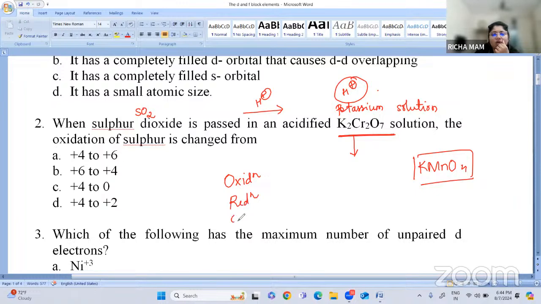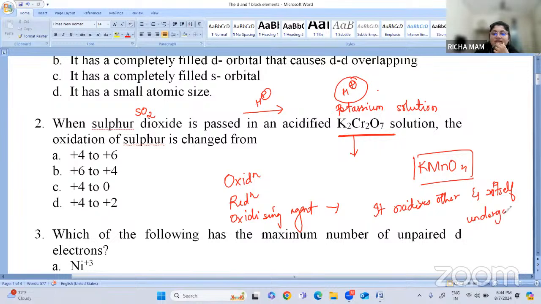It oxidizes others, and itself undergoes reduction. So this is the role of an oxidizing agent.